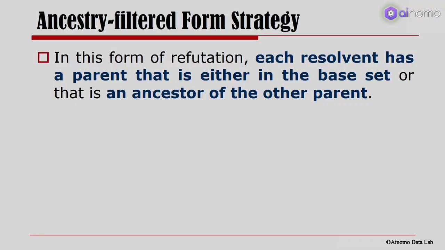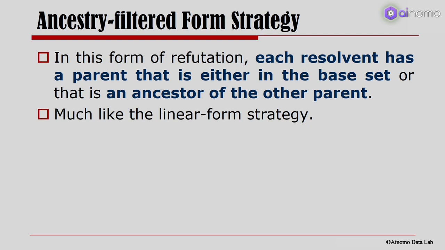Let us now focus our attention on the last of the strategies that we are discussing, which is called the ancestry filtered form strategy. In this form of refutation, each resolvent has a parent that is either in the base set or that is an ancestor of the other parent.